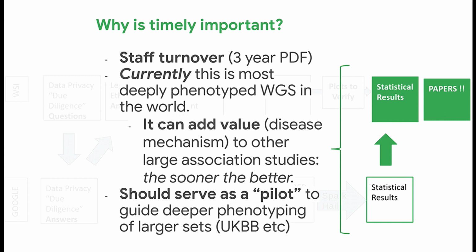The second thing is, at the moment, this data set is the most deeply phenotyped whole genome data set in the world. And it's effective for 2 reasons. Firstly, it can add value to bigger GWAS studies, because it can point to molecular mechanisms behind associations that other big GWAS studies have simply indicated, where they've indicated a link between a variant and a phenotypic trait.